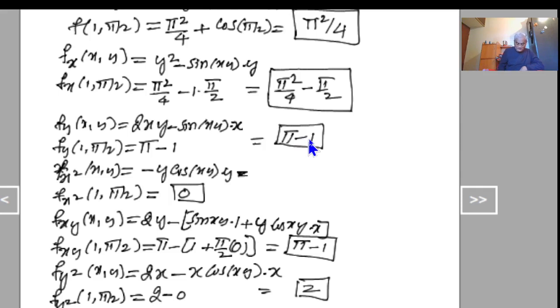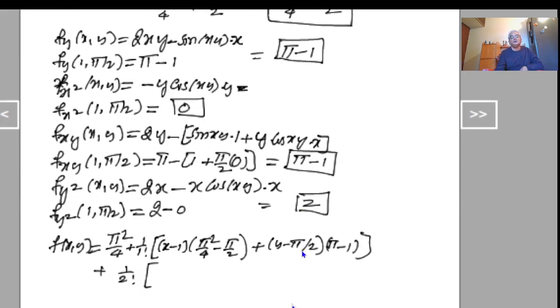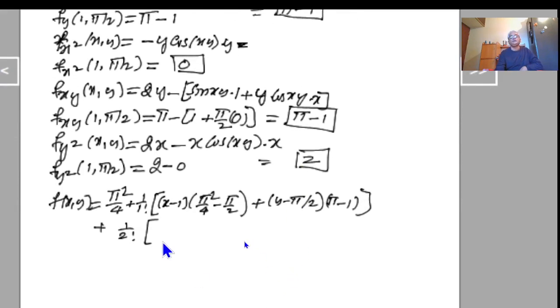Okay, plus 1 by 2 factorial into x minus a square, that is x minus 1 square into fx square. What is fx square? It is equal to 0 into 0 plus 2 times x minus a, y minus b, 2 times x minus 1 into y minus pi by 2 into fxy.